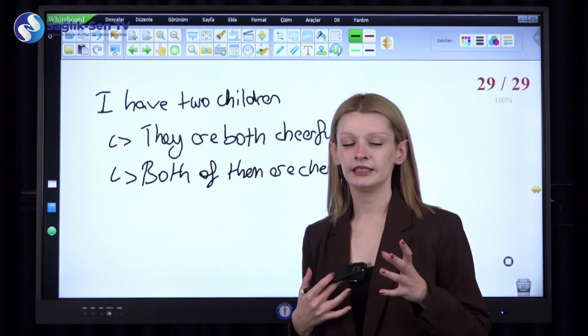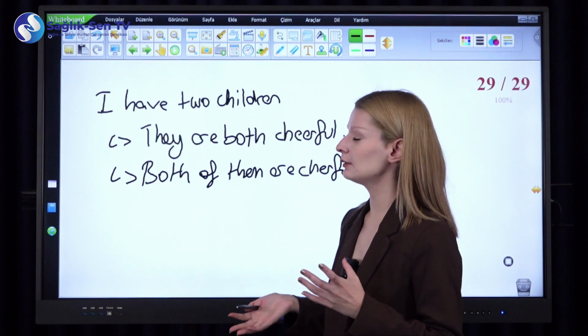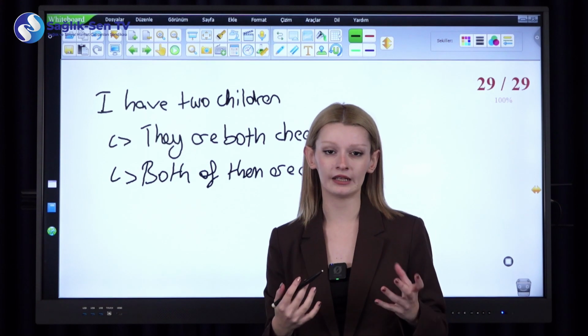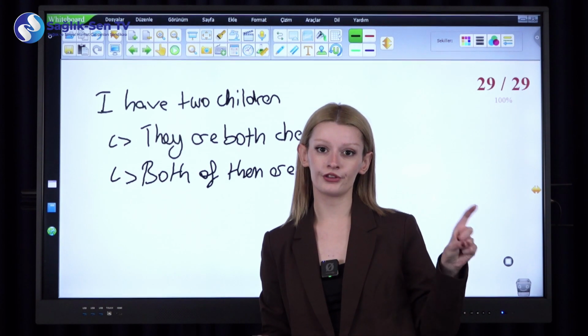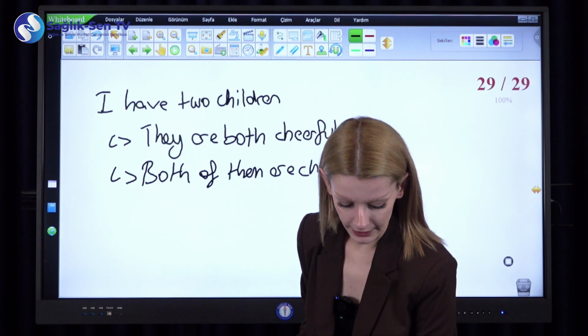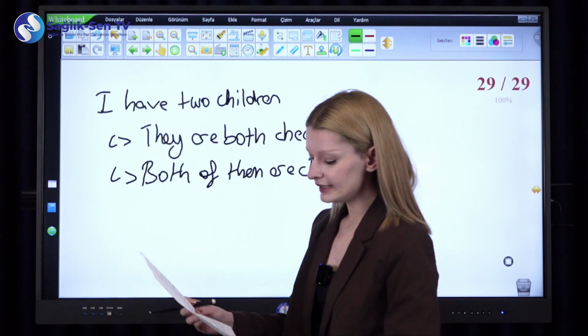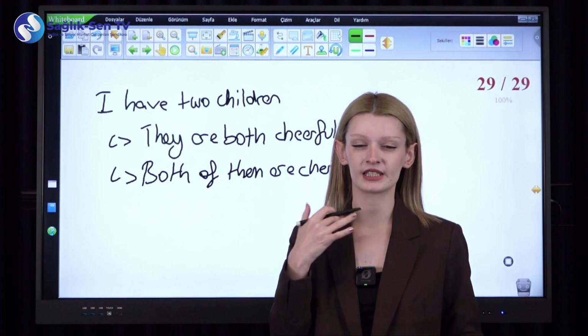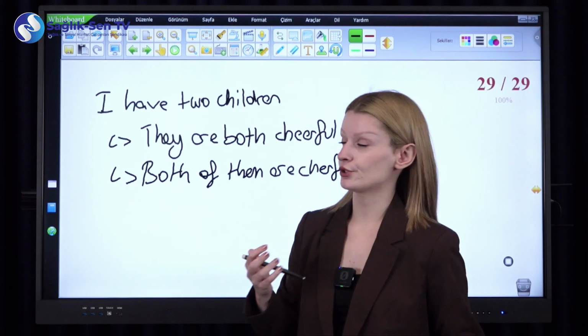This is the affirmative one, when we're talking about two things, and what we're saying applies to the two things as well. Let's do one more example, and then we will talk about how we do it in the negative when we're talking about two things.